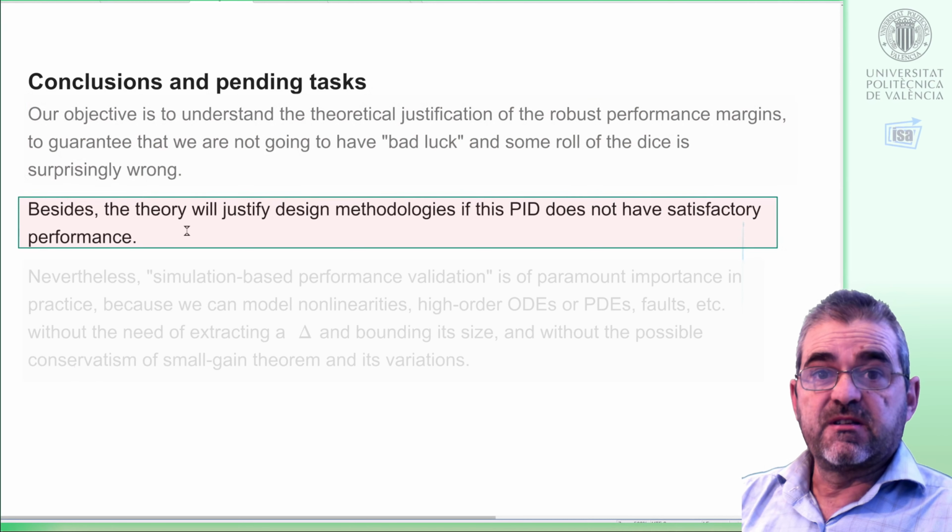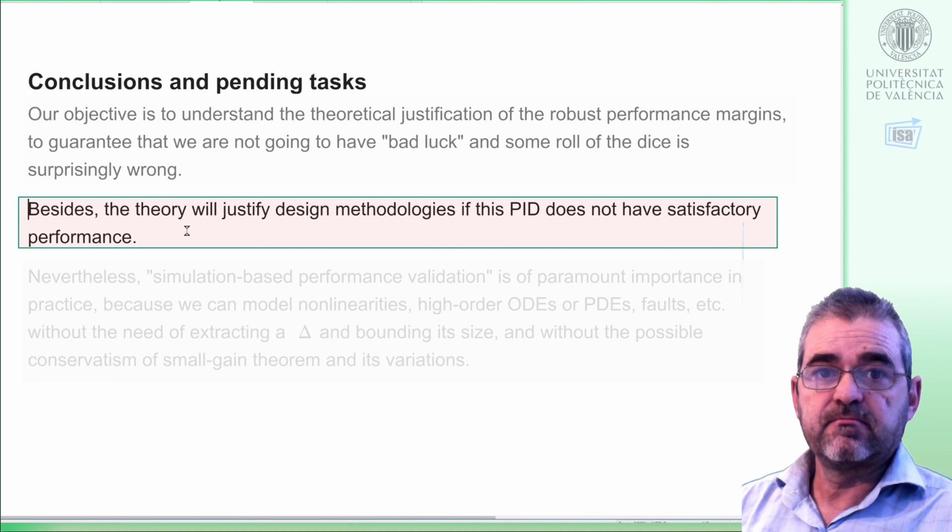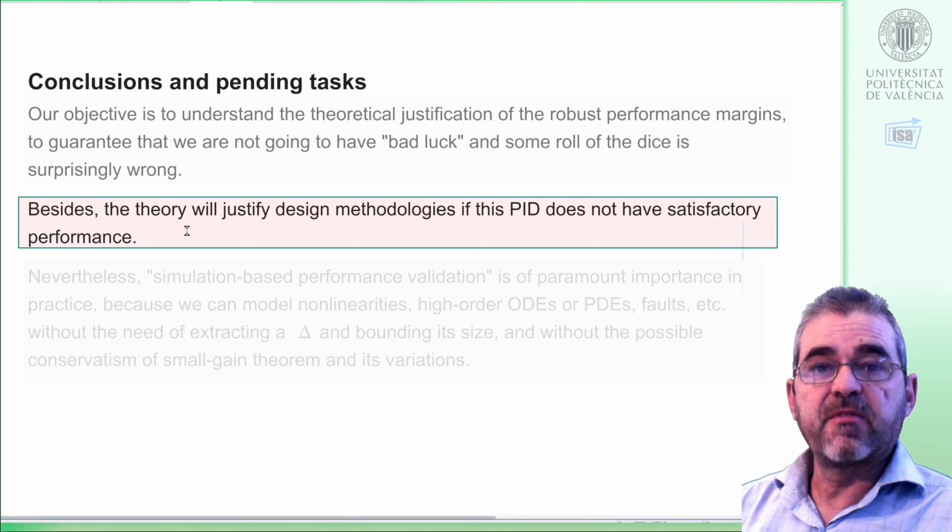Second issue is that we have no clue on how to improve the performance if this PID did not have enough robustness. How can we retune the PID? So we need theoretical insight on this robust performance to guide design modifications. So these are the two drawbacks that call for some theoretical analysis of robust performance.